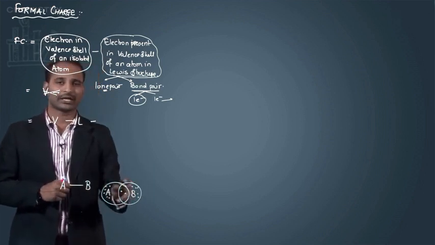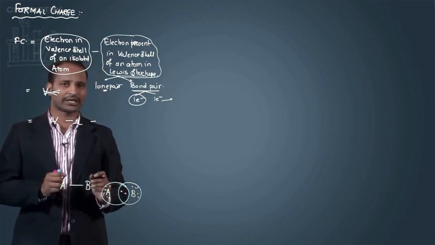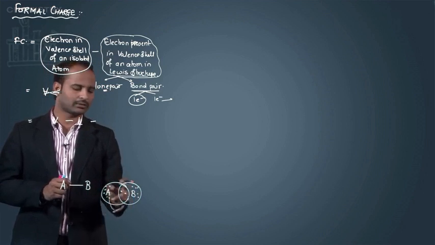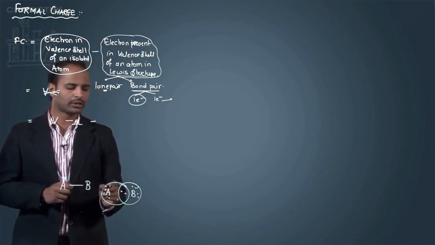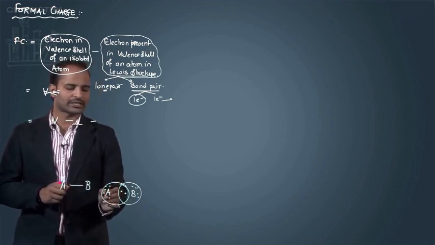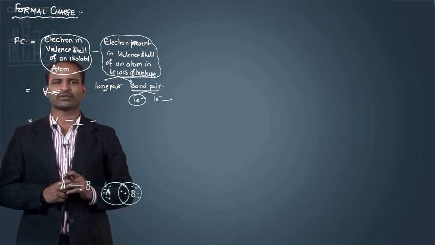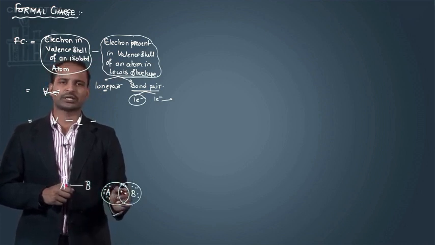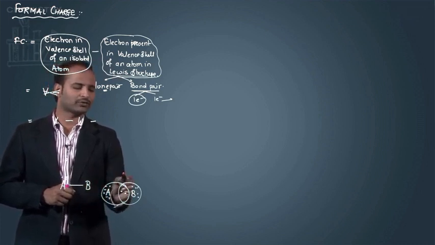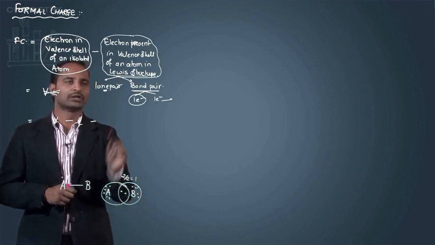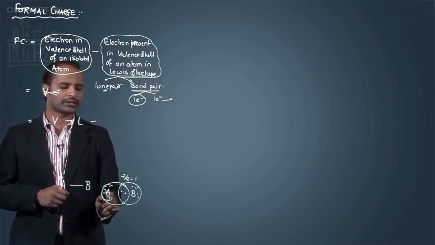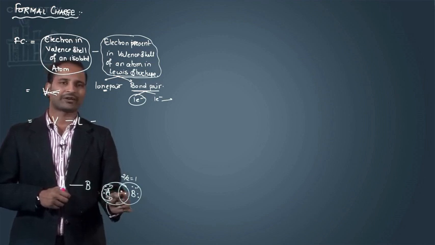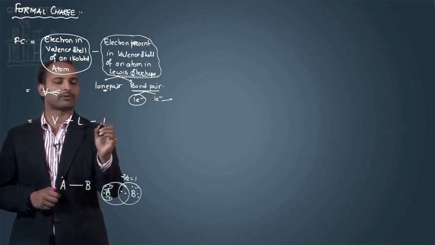If I want to know actually how many electrons A has in this molecule, I will say that these 6 electrons present here on A are totally from A, and out of these two shared electrons, only one electron is from A and the other electron is of B. So the electrons present in the valence shell means we count the full lone pair electrons, and half of the bond pair electrons.